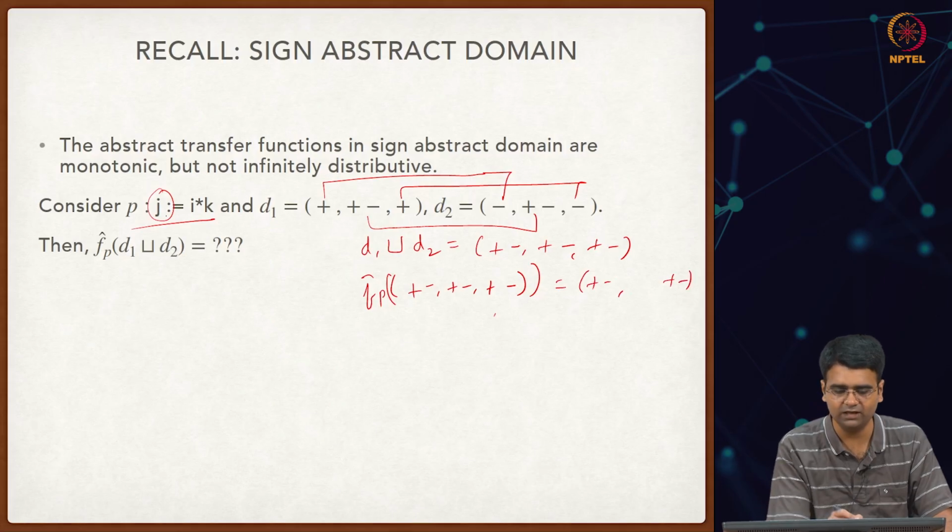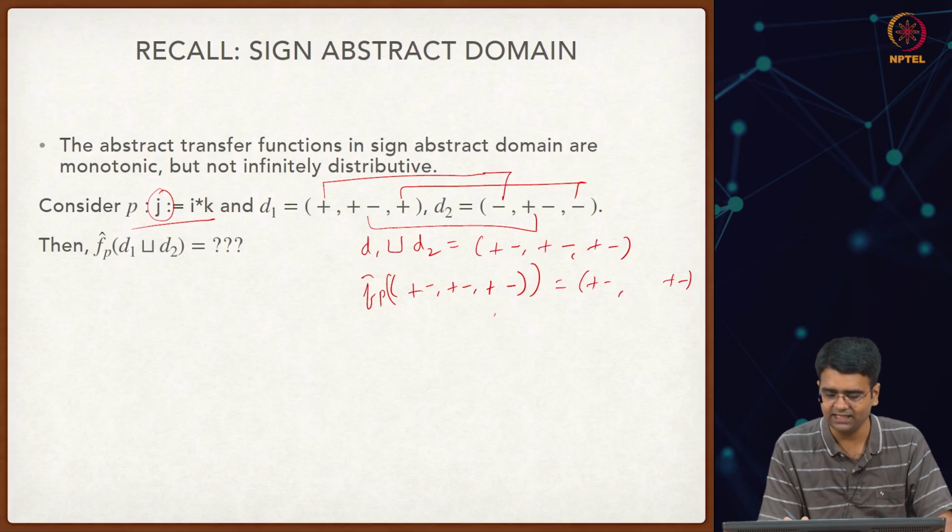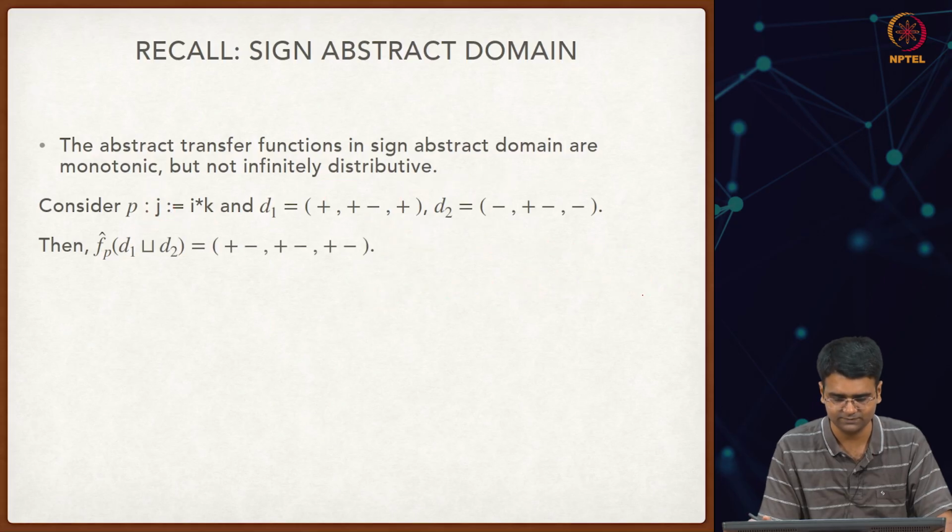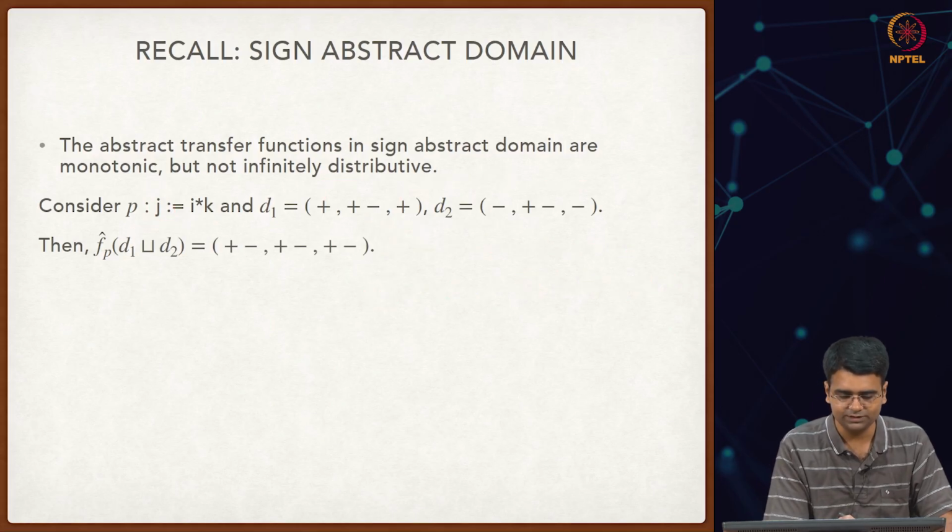What will be the new value for j? j is obtained by multiplying i and k, but since i can be positive or negative and k can also be positive or negative, I cannot guarantee whether j will be positive or negative. It can be either. So f hat P of plus minus, plus minus, plus minus will be equal to plus minus, plus minus and plus minus.